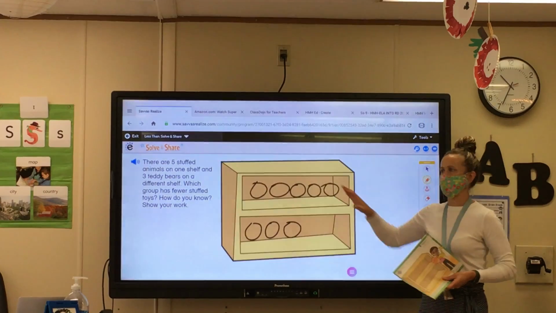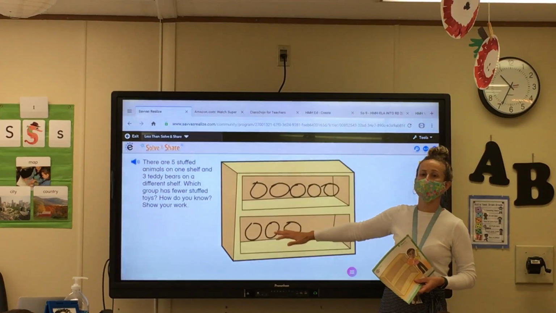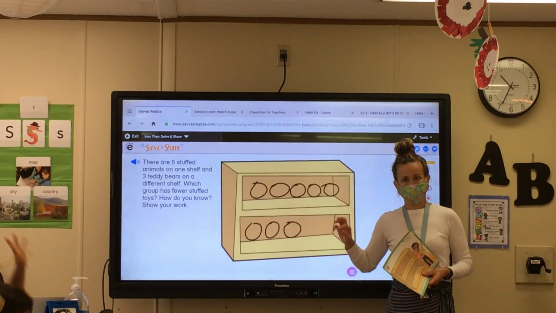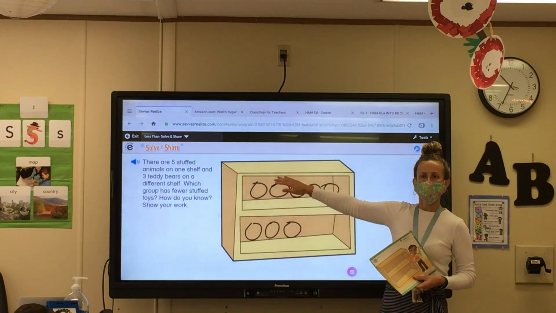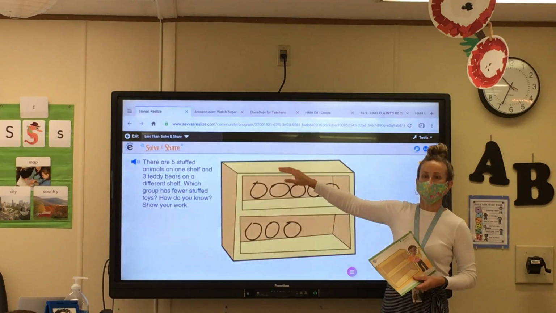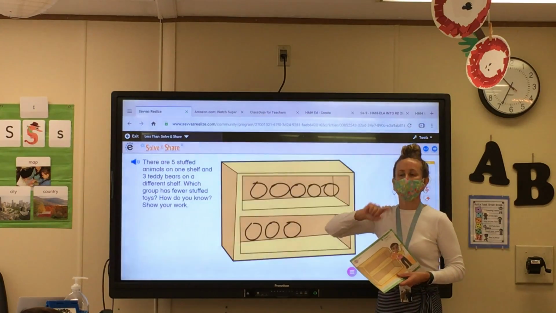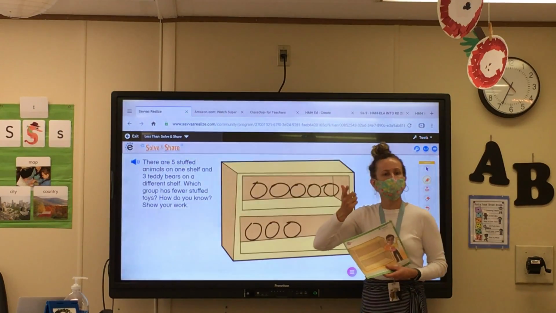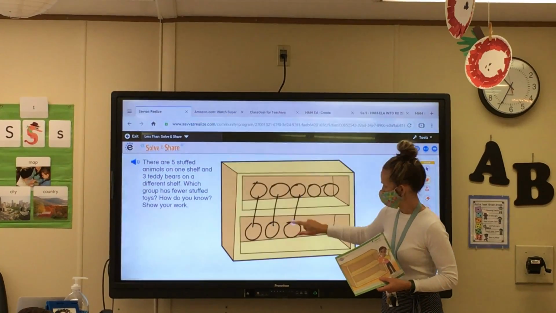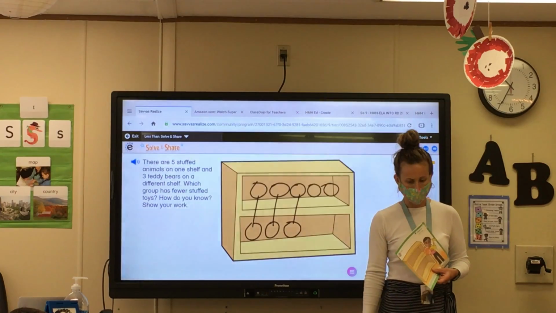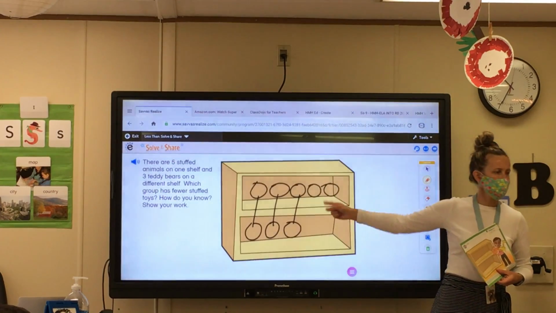Okay, so just from looking at our counters, which one is fewer, the animals on the top or the animals on the bottom? The animals on the top are fewer? No, the bottom. Okay, so here's another thing I'm going to do. I'm going to match them up 1 to 1. That's another way to see it. You drew counters, but please do that right now.